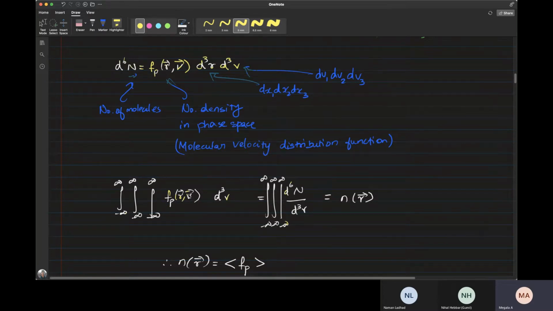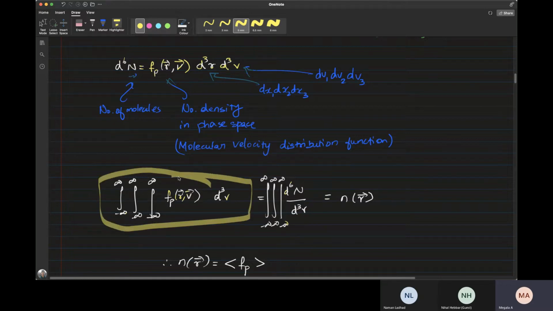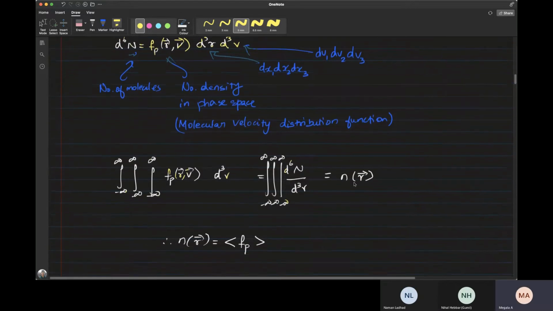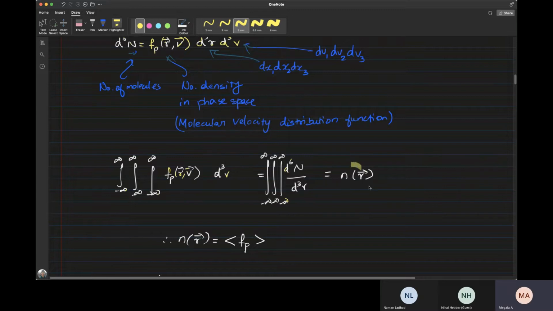You substitute the limits, and all the velocity variables will go out. So this whole thing is now only a function of the position variable alone. I'm writing that as n of r vector. This is equivalent to the number density in physical space. This is number density in phase space. When it's integrated with respect to velocity, it becomes equivalent to number density in physical space.